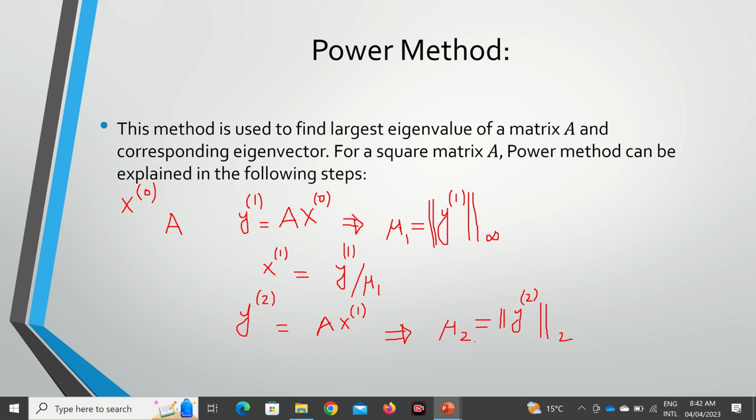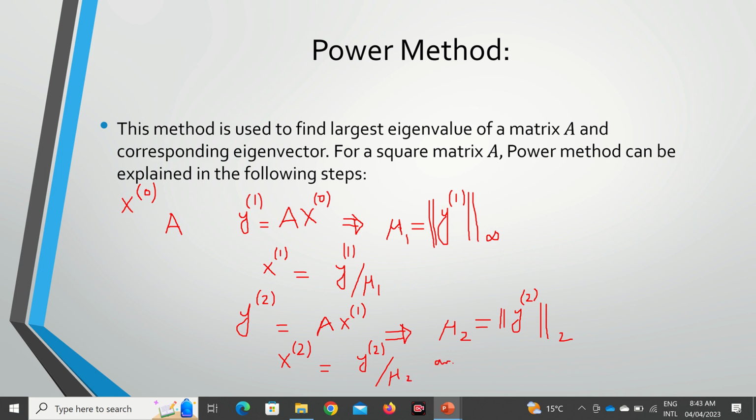That's an improvement, obviously. And then again the corresponding eigenvector, which is x2 now, and the procedure will go on and on until you converge to the largest eigenvalue. x2 is simply normalizing this y2 vector, divided by mu2.